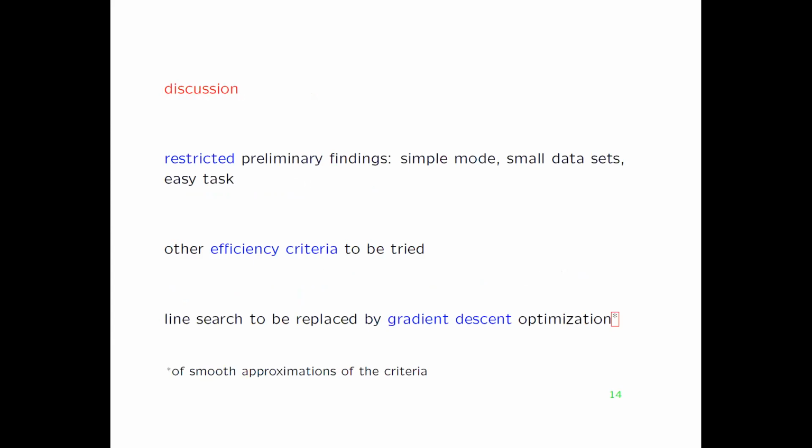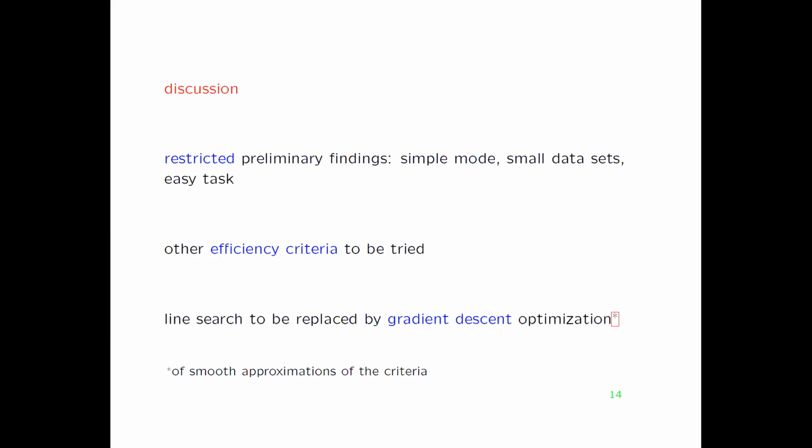This is just discussion. It's just a list of limitations of our work. First of all, these are really restricted findings. Simple model, 1 parameter. Small data set, the MNIST, plus we have selected a subset of images, and the task was really easy. The first step forward would be to just use a 10 class classification model.